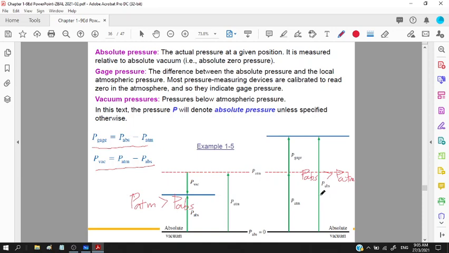The balloon is subject to explode if the pressure is too much for the strength of the rubber. So it could burst. That type of pressure is called positive pressure. This is vacuum pressure, and this positive pressure is referred to as the gauge pressure.